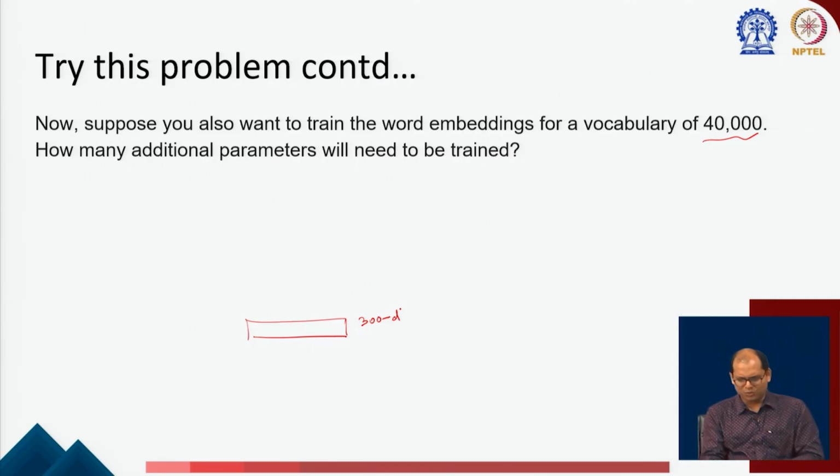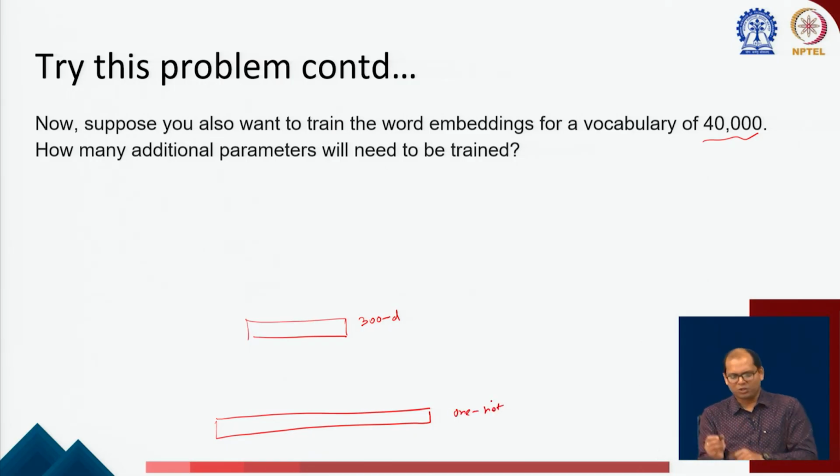How exactly will you do that? Whatever word is the input, you will feed it as a one hot vector. So it will be 1 here and 0 everywhere else. And you will have a matrix that goes from vocabulary dimension to the embedding dimension, so V times E, or you call it D dimension, whatever.